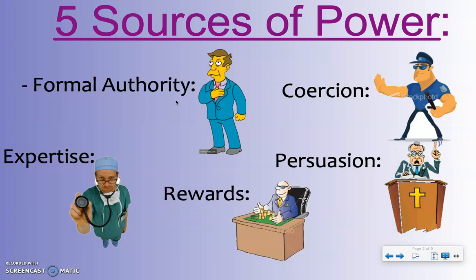Expertise: the power of expertise comes from the power holder's specific skills or expertise. So a doctor, a lawyer, someone who has had additional training or skills that allow them to have power in that position to tell you that you've been diagnosed with something, or to advise you or give you counsel in some way because of the expertise that they have.